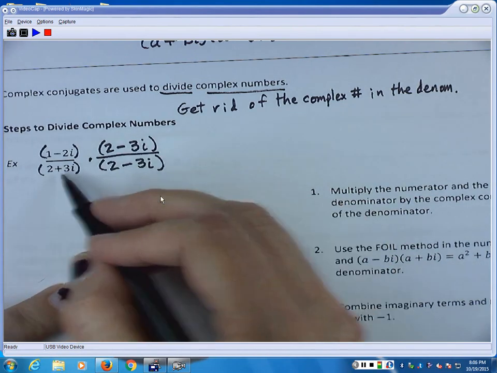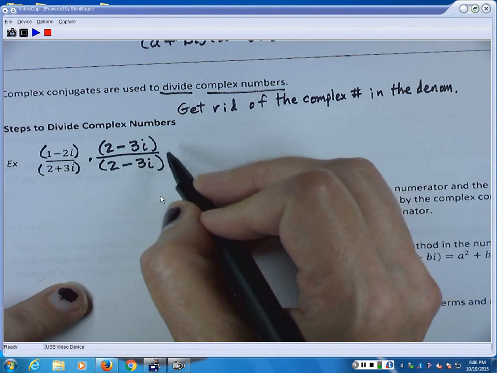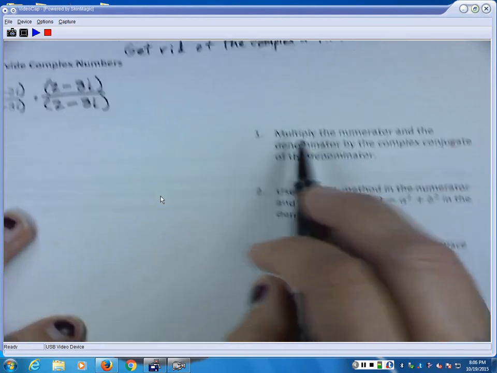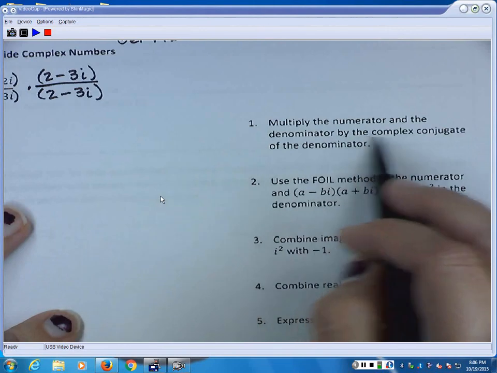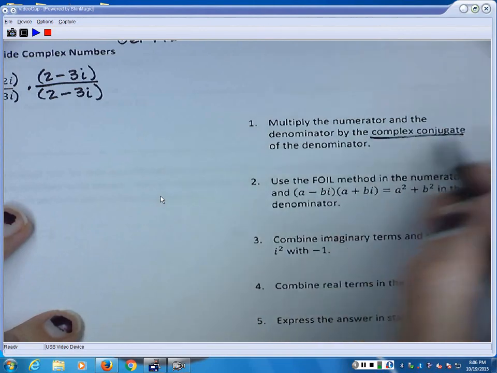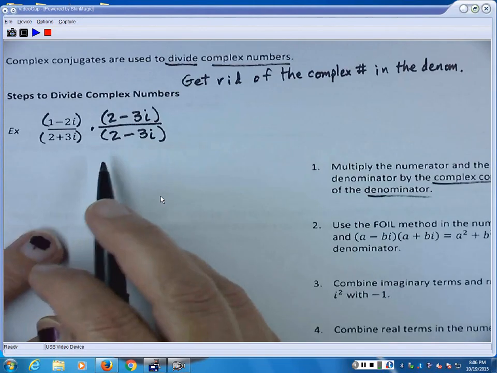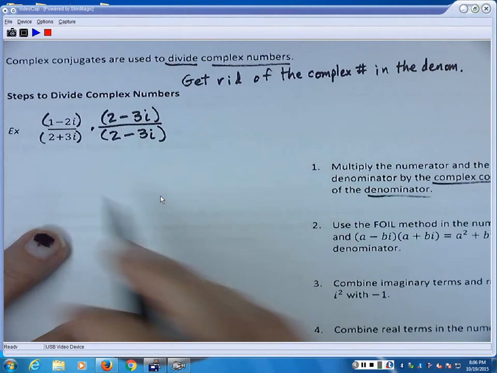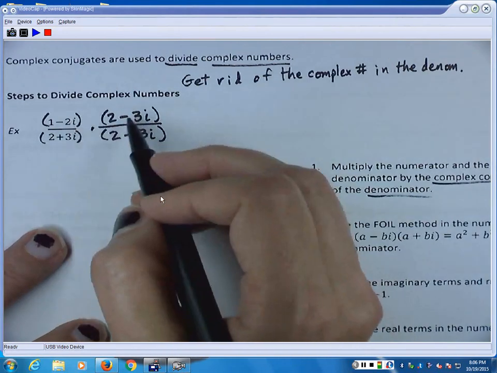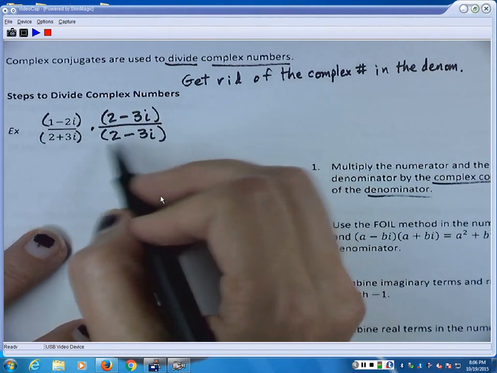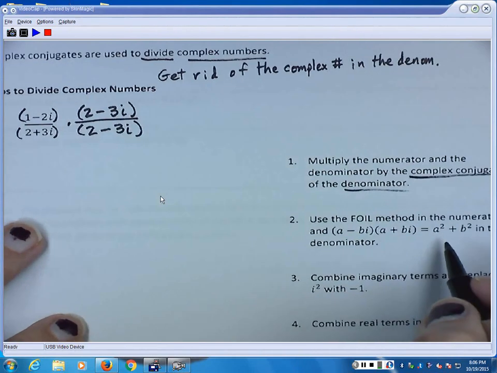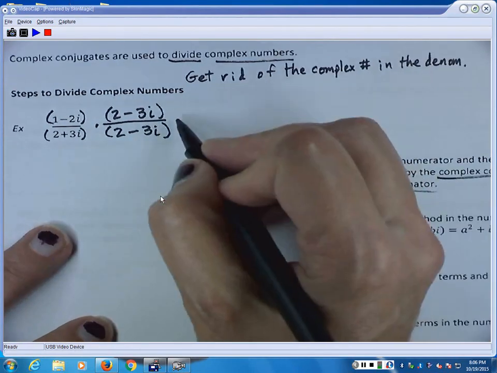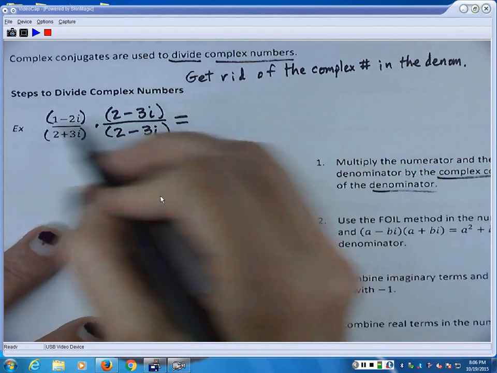So this is what the steps say. Multiply the numerator and the denominator by the complex conjugate of the denominator. We're going to FOIL in the numerator, and we're going to remember that the bottom part equals a squared plus b squared. That's going to be easier. So we FOIL this.